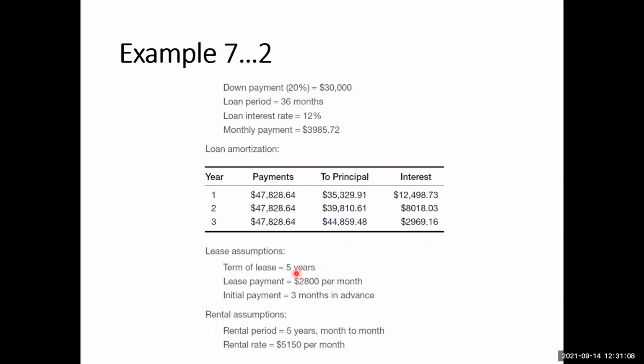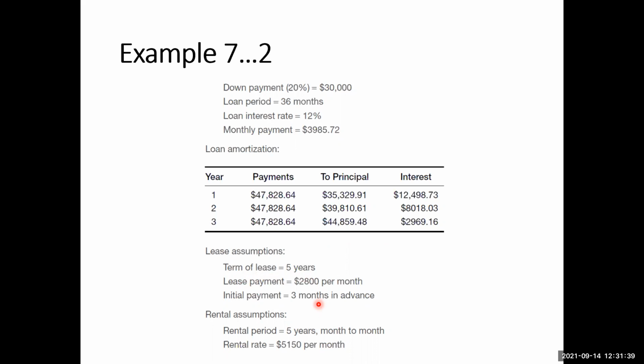Anyway, then we have this another option. These are the data which we used for the buying option. For the leasing option, the term of the lease is 5 years. The lease payment is $2,800 per month, and the initial payment required is 3 months in advance. So it means you need to pay $2,800 per month for 5 years.